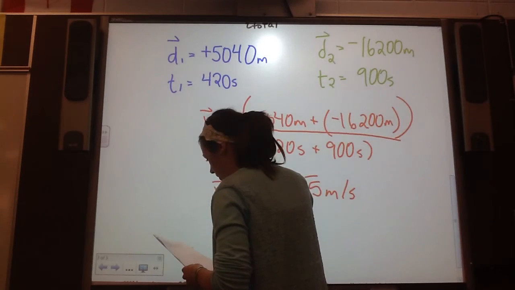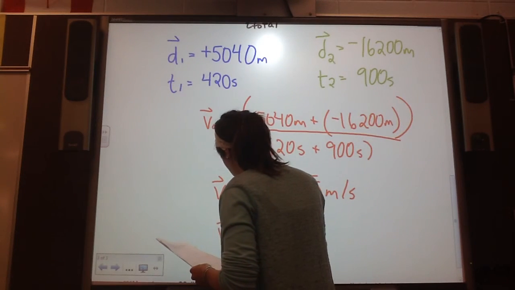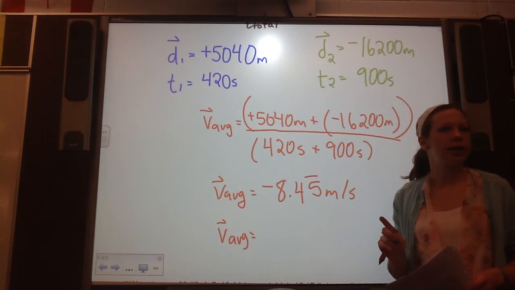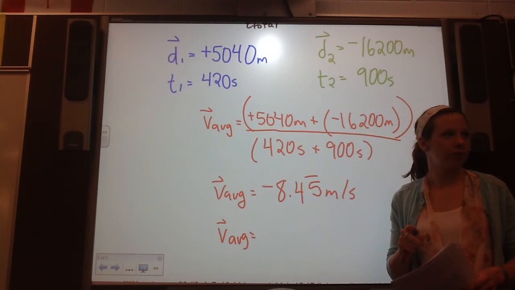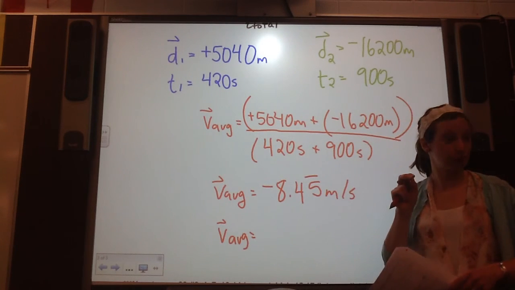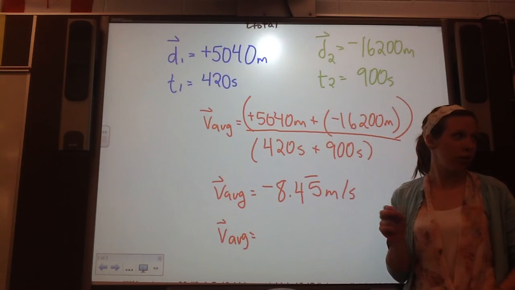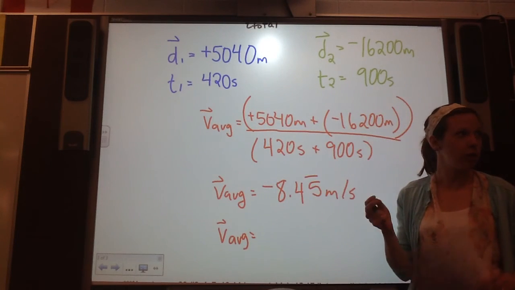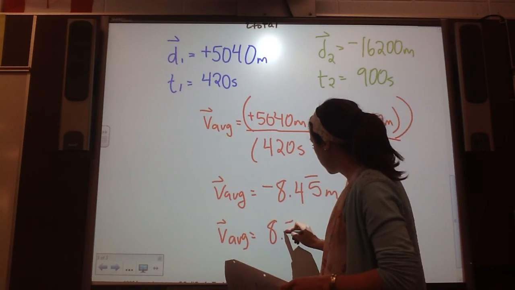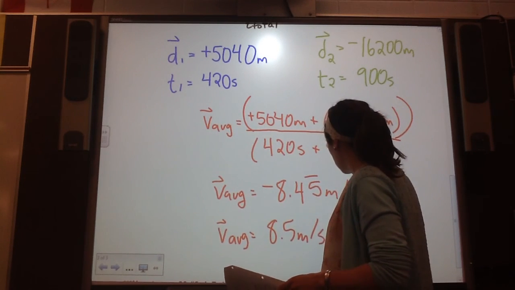We need to put it into 2 sig digs. And at the same time, I'm going to translate the negative into a direction. West, yes. The negative we chose for this question represents the direction west. You could really choose it to be anything you wanted, but we just said it's west. So 8.5 meters per second, west.